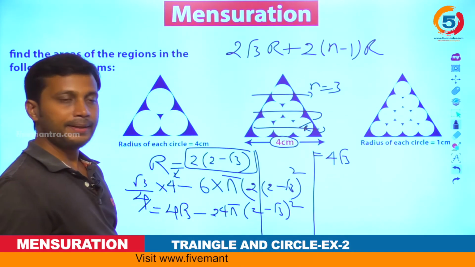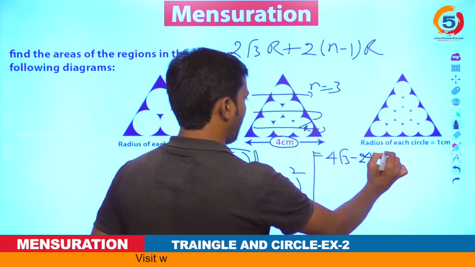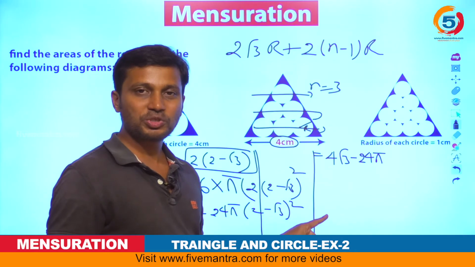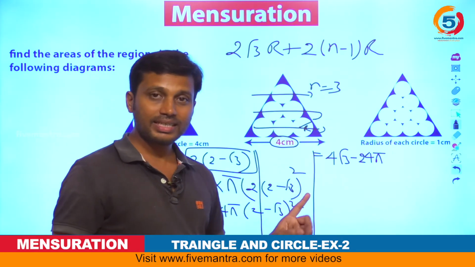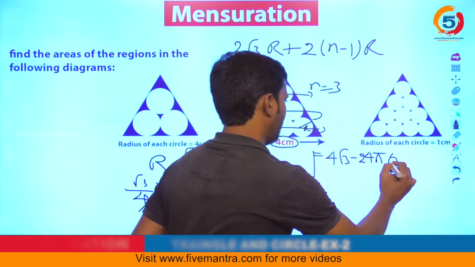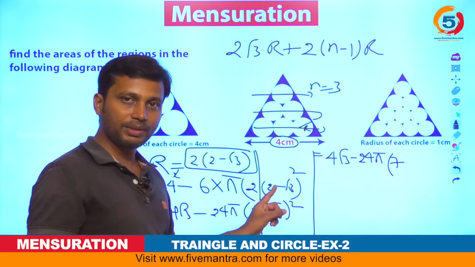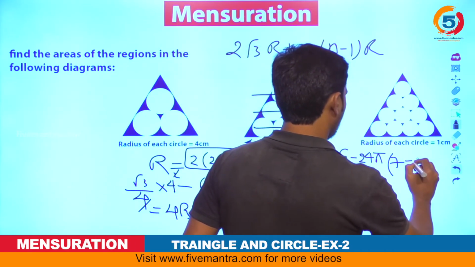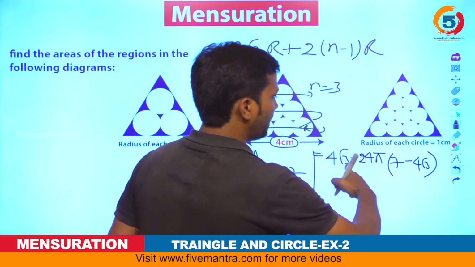Here, 4 root 3 minus 24 pi into (a square plus b square minus 2ab). A square is 4, root 3 square is 3, 4 plus 3 is 7, minus 2ab, that is 2 into 2 into root 3, which is 4 root 3.